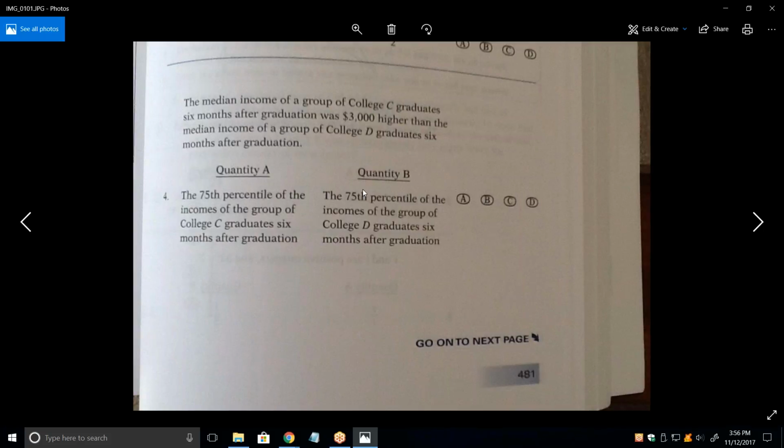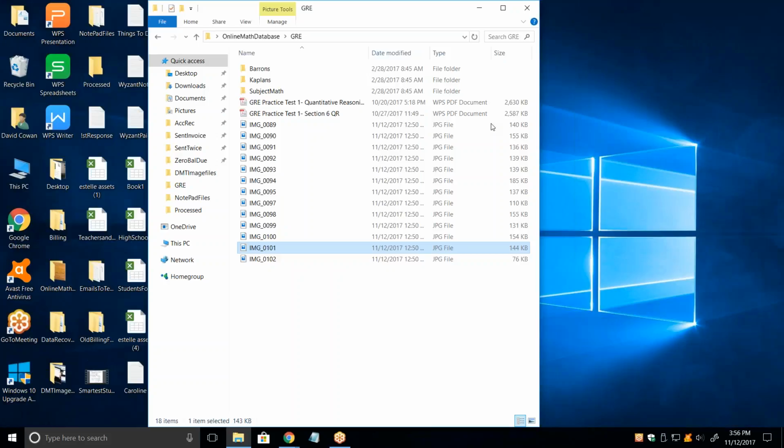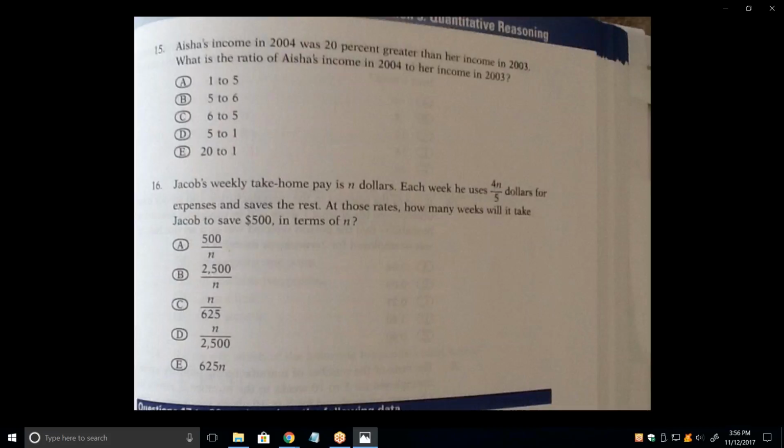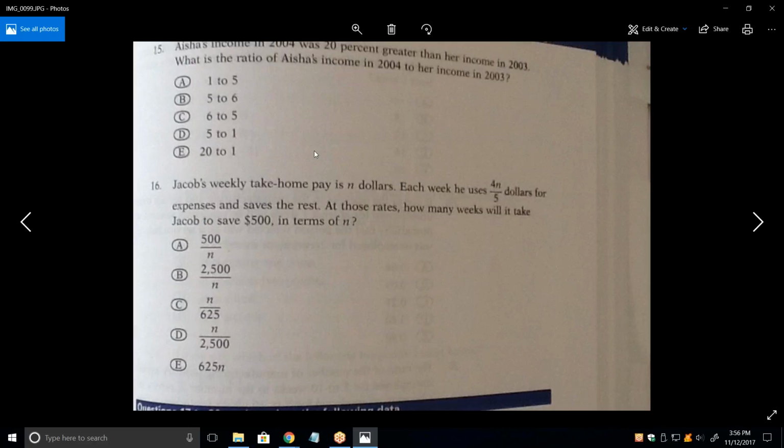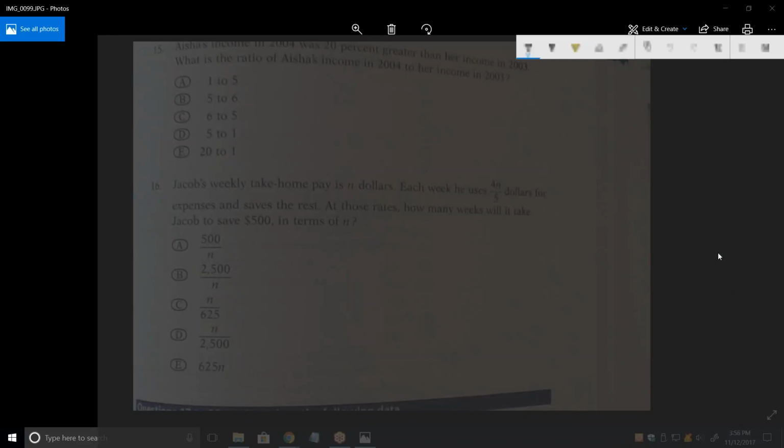And if we can't, it means we did this one. So 10 must be on image 96. We'll pick that one up next time. I have it. But let's continue on. Only one we're missing now is 10.